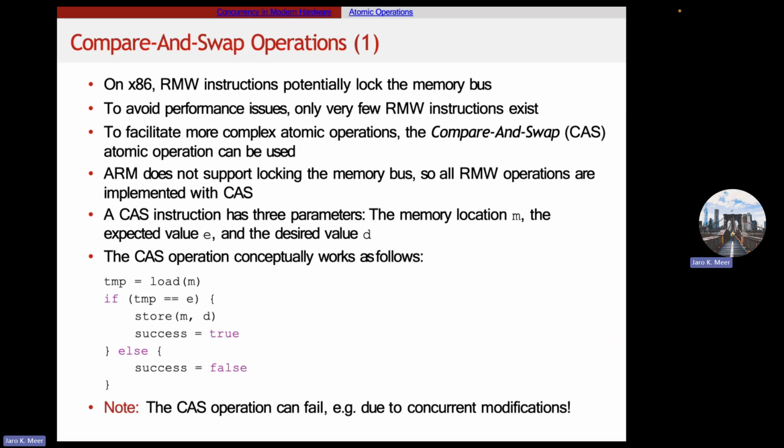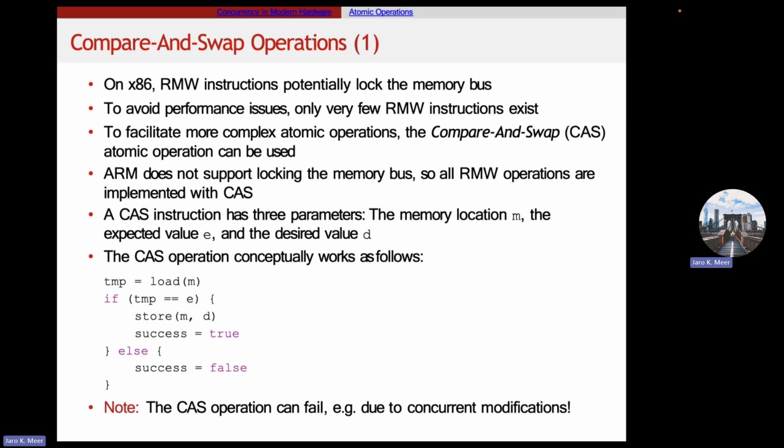Compare and swap compares the current value of a variable with an expected value. If the current value matches the expected value, it swaps the current value with a new value and returns the original value of the variable.